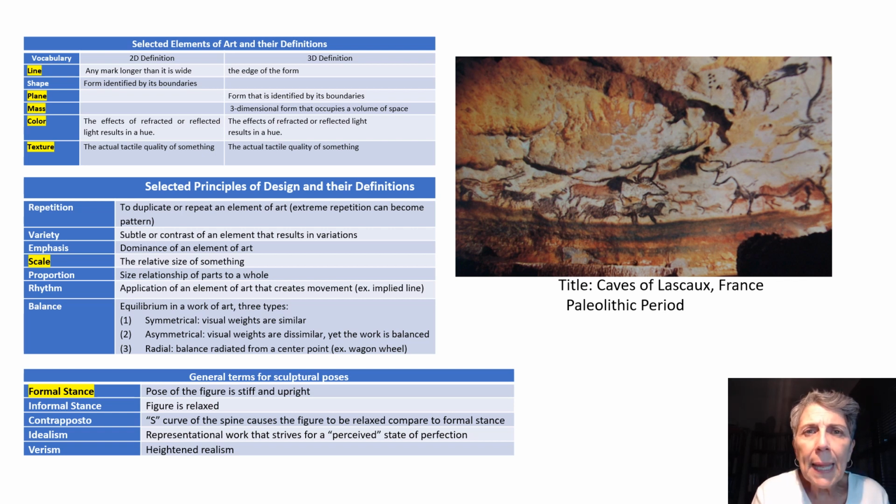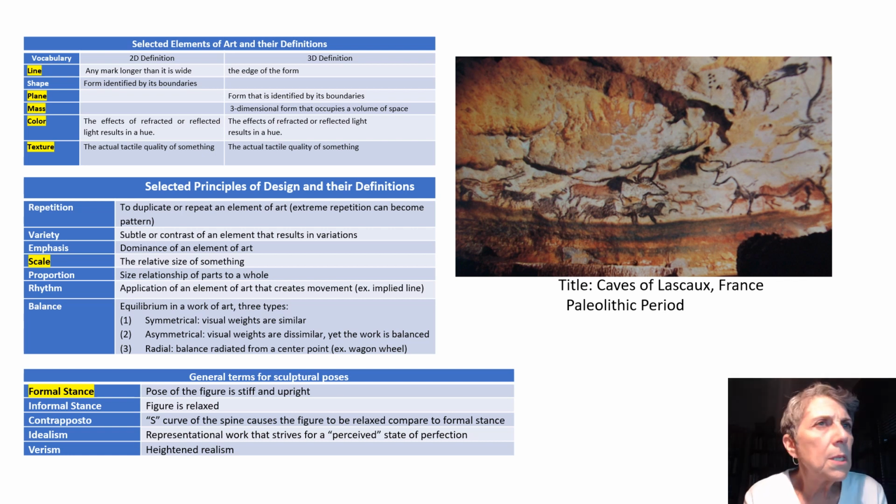Plane. Plane, shape in 2D, but in sculpture we call it plane, P-L-A-N-E. And that's just a form defined by its boundaries. Then you have mass. Mass is not a two-dimensional word, it is a three-dimensional word. Mass. It occupies space, like a building, architecture.